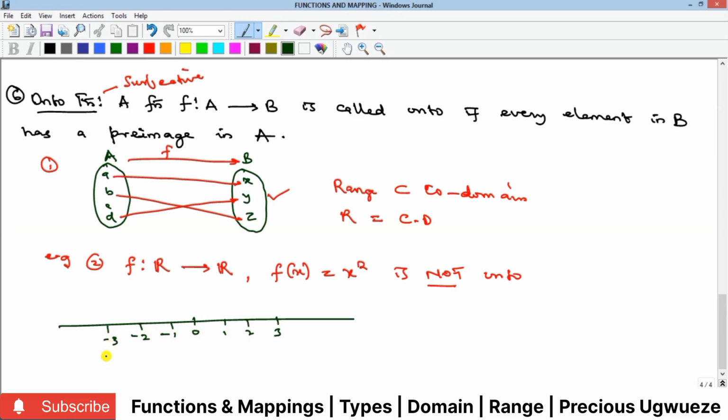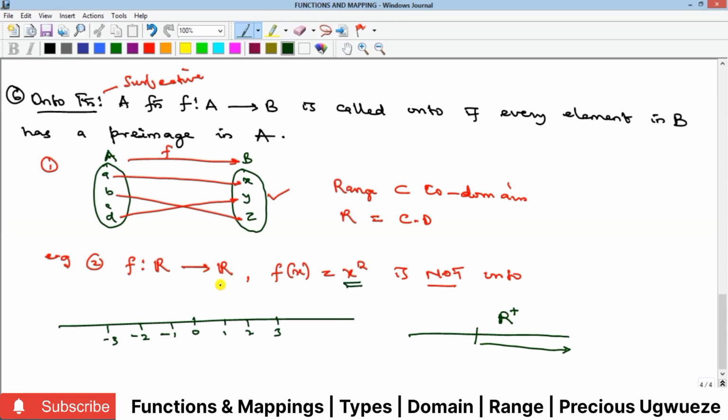If I decide to take the square of all of these, whether positive or negative, remember we said that square is an even function, so whether positive or negative, your answers are just going to be the positive part of the real line. So the range is going to contain only the positive real numbers, which is R plus, and so it doesn't contain all the numbers that are in this set.